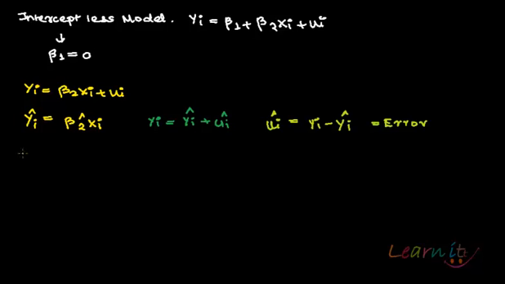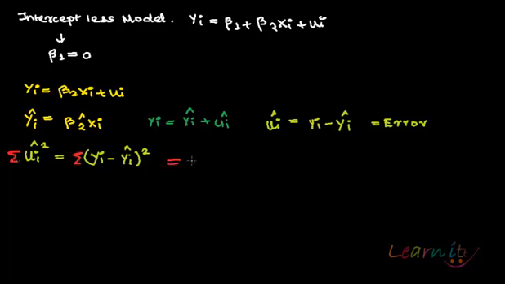Okay, and what you do in OLS is you take the square of these errors and you sum them together. So you take the sum of squares of these errors.